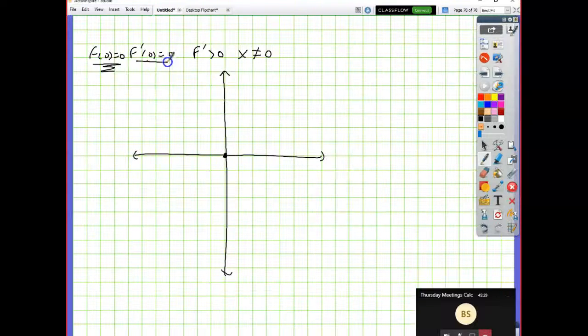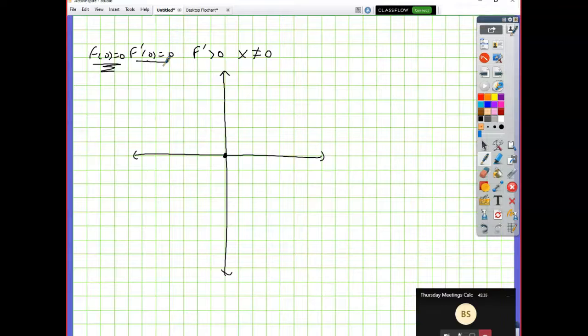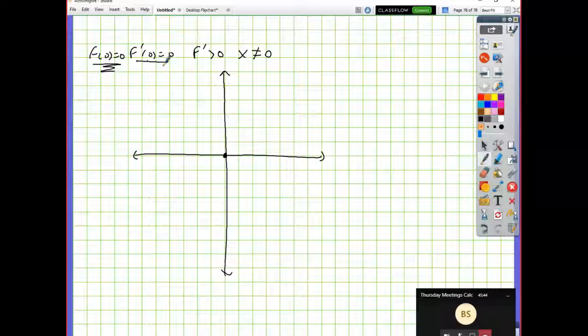At 0, my derivative is 0. What does that tell me? What does that look like on a graph, when I have a 0 derivative? On a graph, what does a derivative look like?